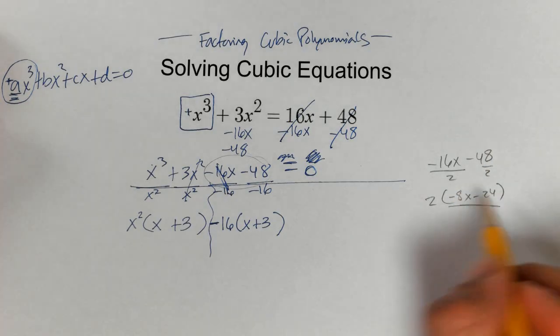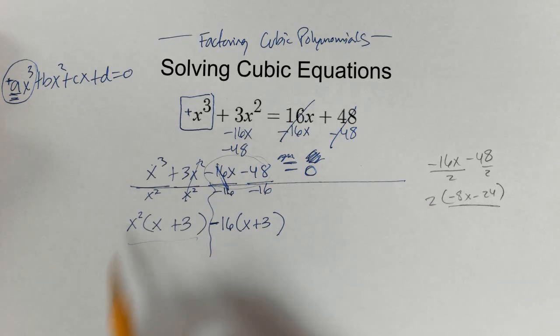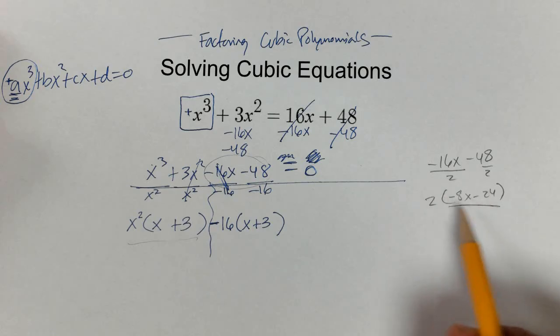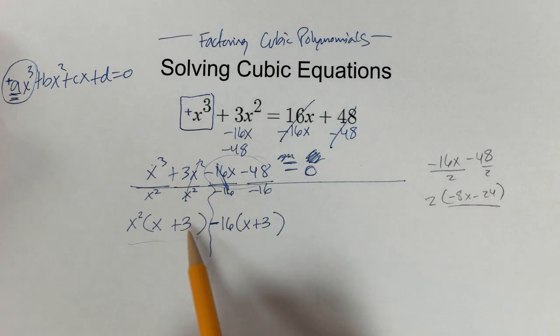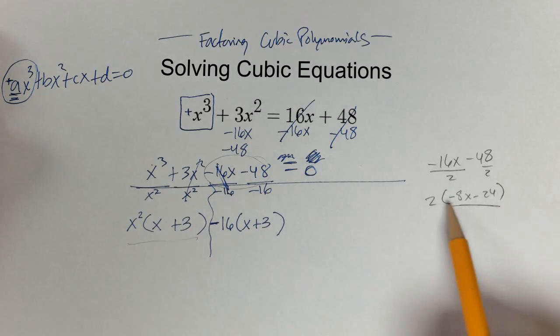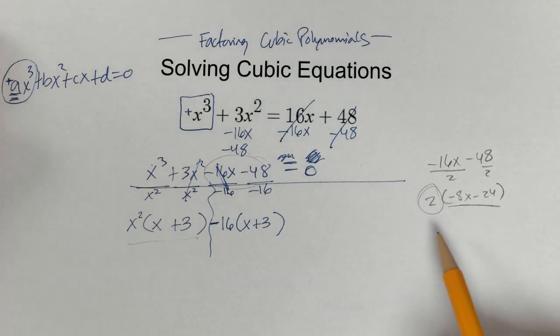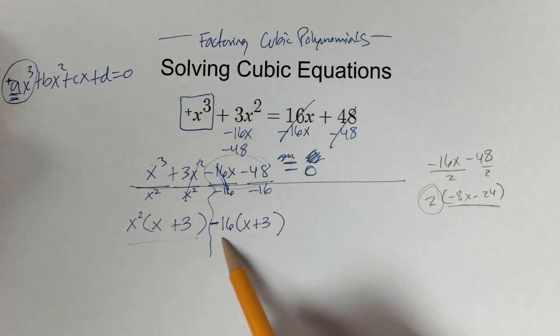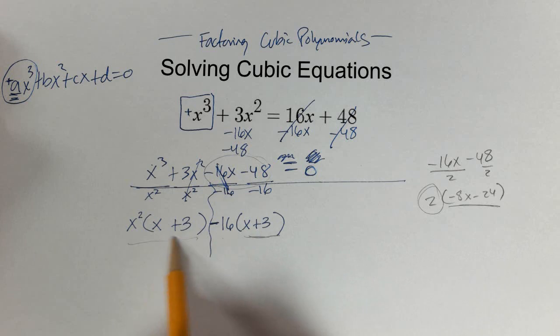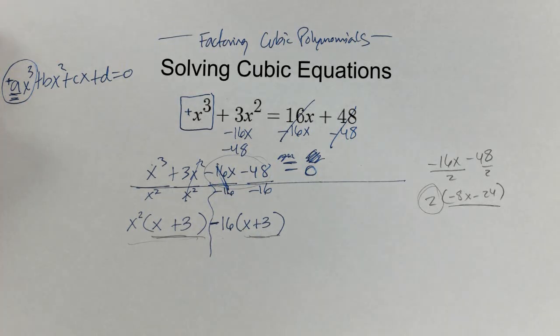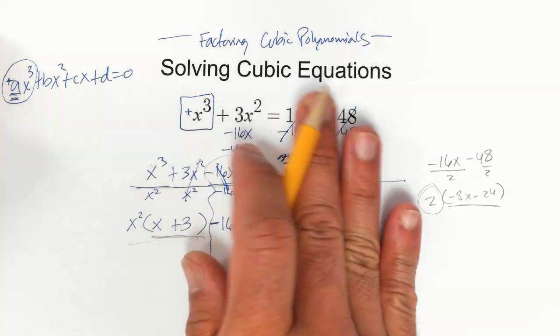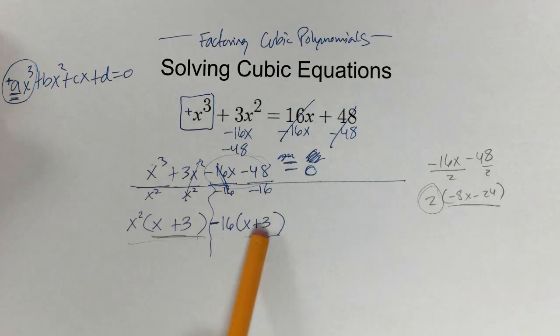Would this have matched the left side? No. And that's my clue, right? When this parentheses does not match this one, I know that I need to divide by something greater. So when we go all the way to 16, now these two terms match. And that's what I'm aiming for. I'm aiming for these two groups to have common factors.